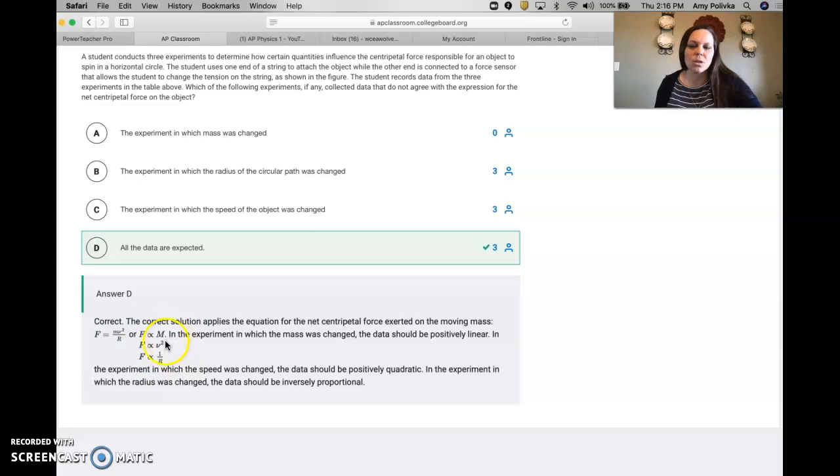Do these correlate with each other when you leave everything else constant? Using these words, inversely proportionate and directly proportionate or positively linear, those are really important words. They're good descriptive words that explain the physics of the equation that you use.